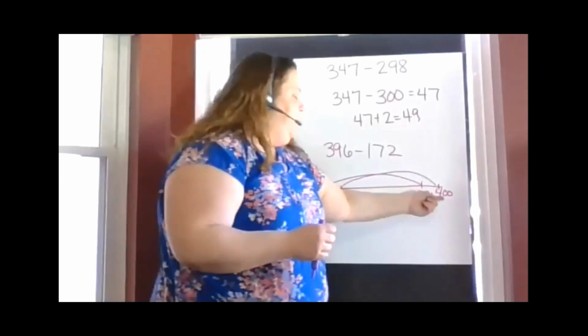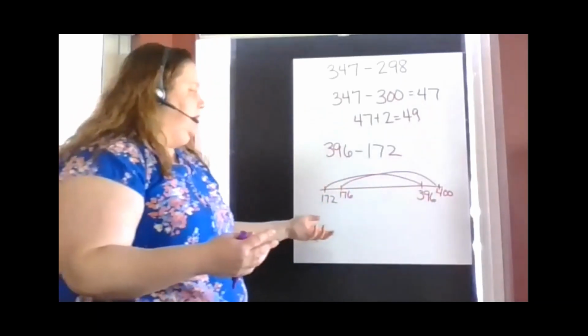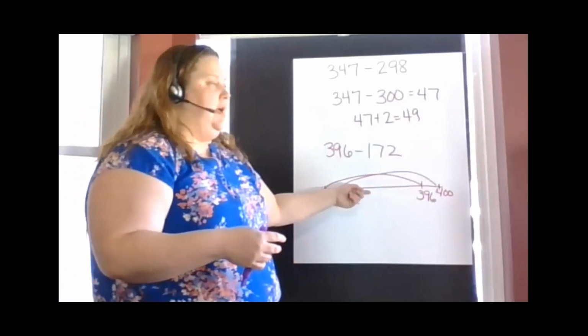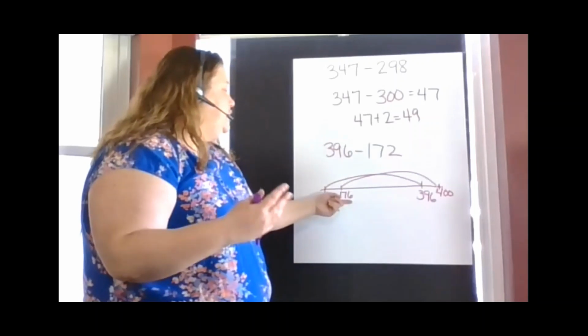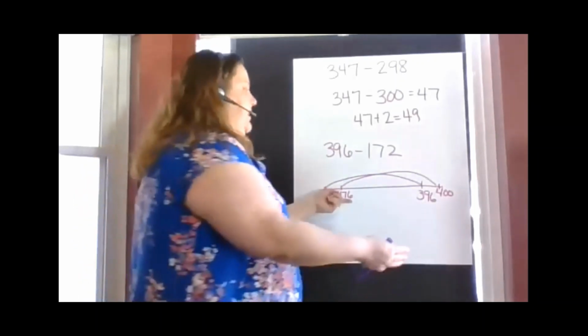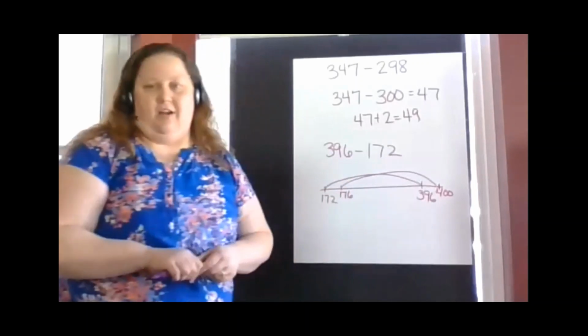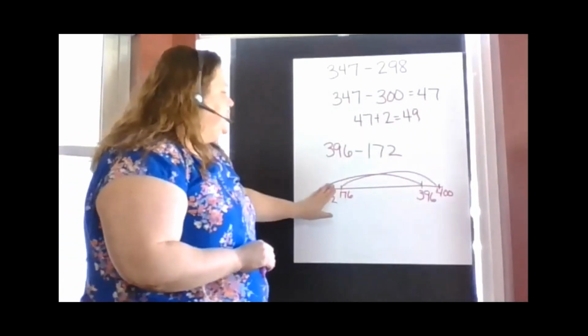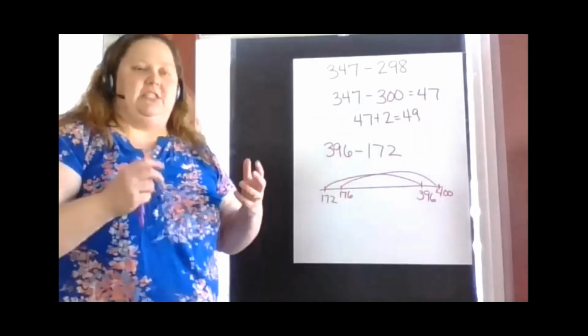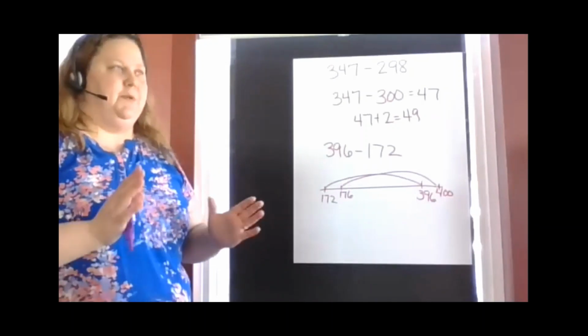And so now I can think about this subtraction problem a little easier. Because I could say, well, 400 take away 200 leaves me with 200. I then take away 24 more. So I've taken away 224. I just shifted on the number line. But the student has to understand the relationship between those numbers.